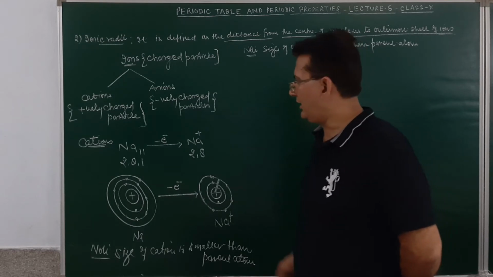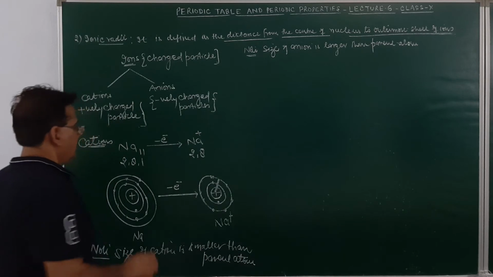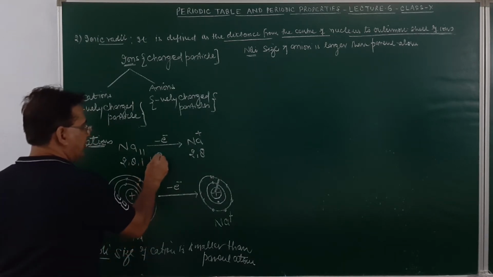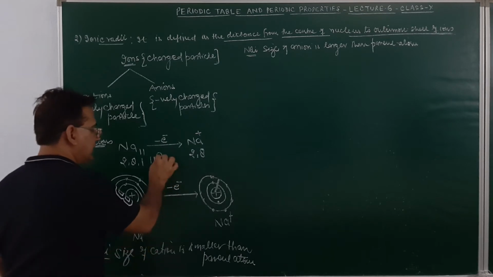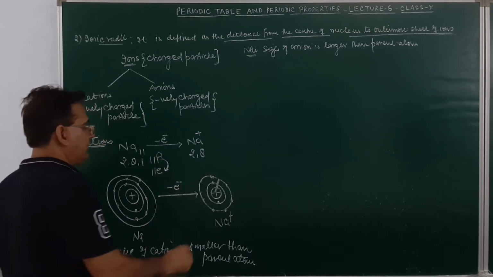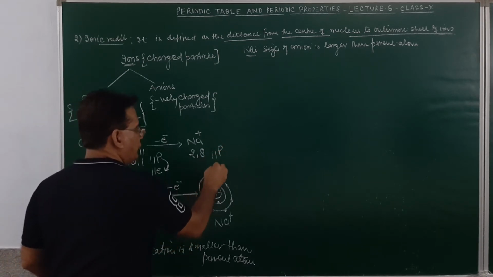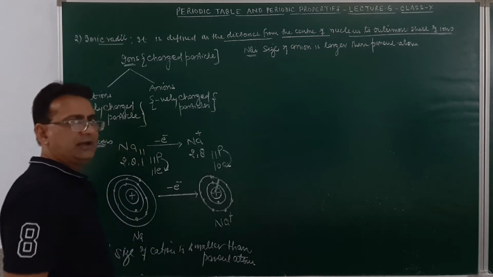atom, here student, you may see in the case of sodium metal, how many protons are there? 11 protons. How many electrons are there? 11 electrons. Here the 11 protons are attracting 11 electrons. And over here, there are 11 protons and 10 electrons. 11 protons are attracting 10 electrons.